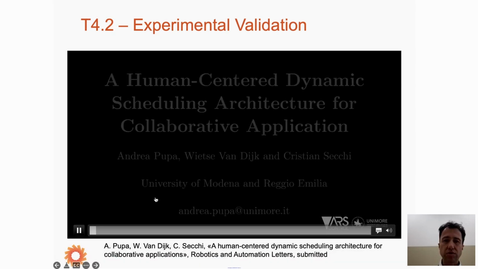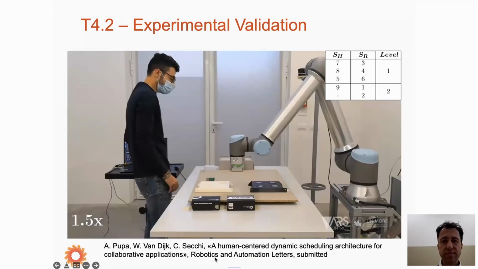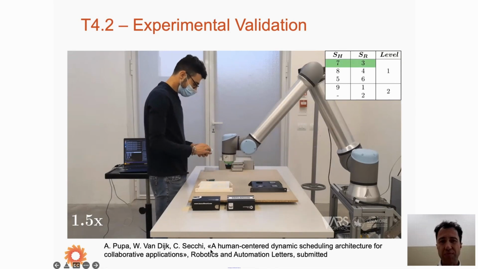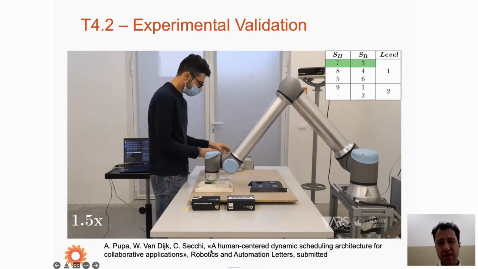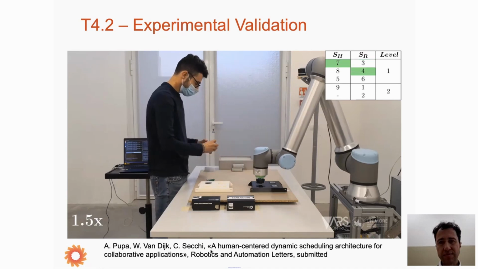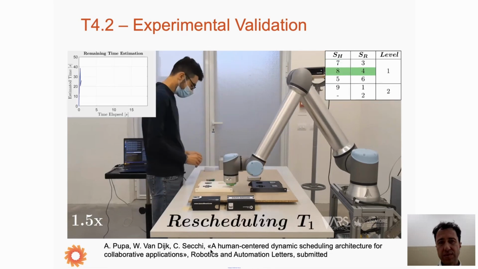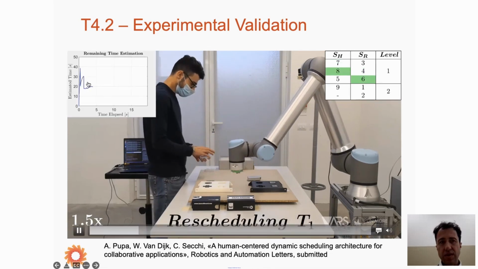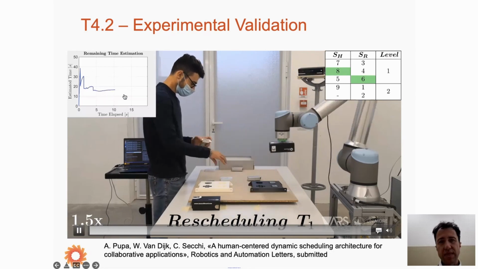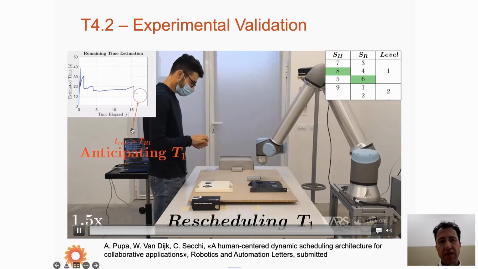Okay, so this is a simple example for showing you what's happening. I hope here it comes. So this is the nominal schedule of a job. This is Andrea, actually the one that developed most of this. So the robot is executing this nominal task. And at a certain point, this is the algorithm I was mentioning to you, that estimates the real time expected for executing a task on behalf of the human.